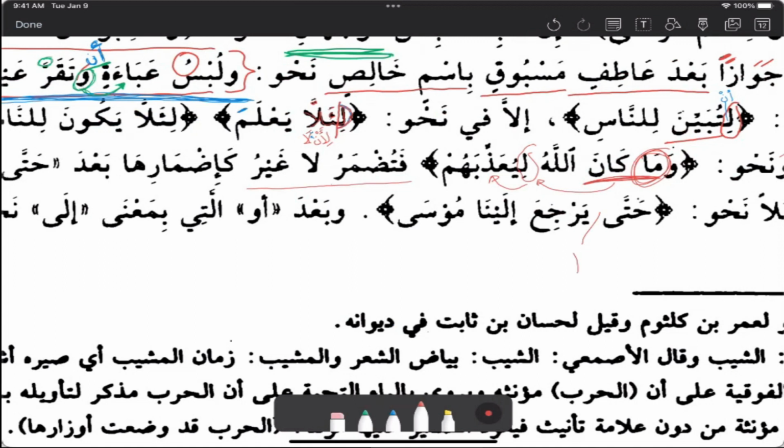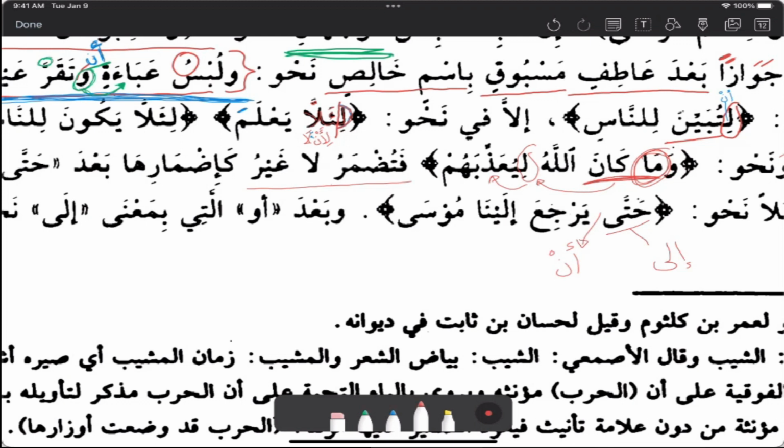So the meaning is أَن يَرْجِعَ. حَتَّى, until يَرْجِعَ إِلَيْنَا مُوسَى, Moses returns to us. حَتَّى here means إِلَى, to, or until. Ila and then n is hidden. Ila an yarji'a ilayna Musa, until Moses comes back to us.